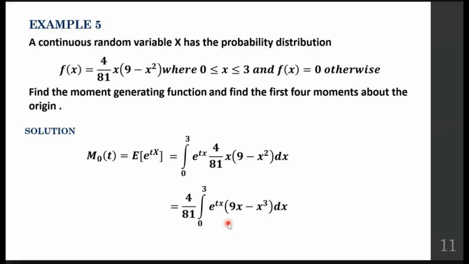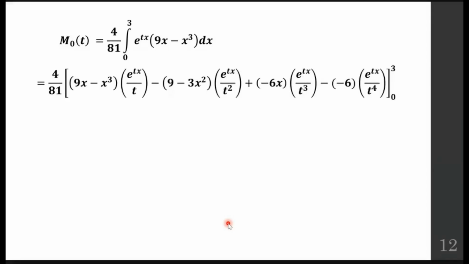So do that part. First write u, integral of v, minus its derivative which is 9 minus 3x square, its integration, then its derivative, its integration, and then its derivative, its integration. Next derivative of minus 6 will become 0, so we can stop with that. Between the limits 0 and 3.